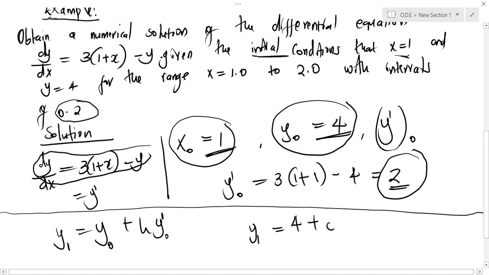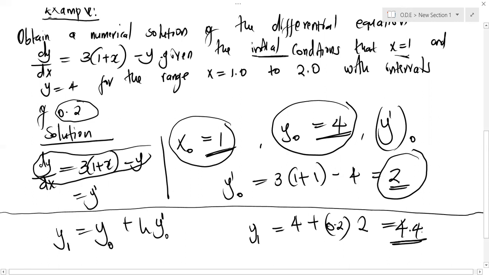So 0.2 multiplied with y prime naught, and y prime naught we've gotten from the initial question as 2. So what's our y1? What's our y1 now if you evaluate that? This is 0.4 plus 4. Our y1 will be equal to 4.4.